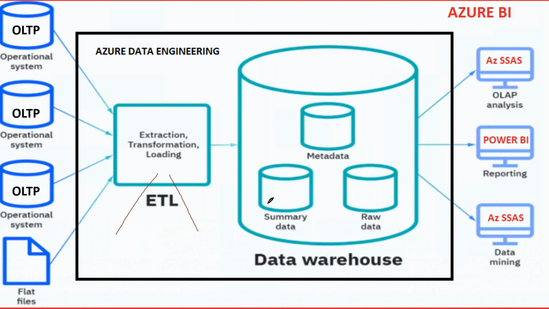Next, there are 2 types of data warehousing technologies: Microsoft warehouse and open source warehouse. We are going to learn all 4 items: open source and Microsoft ETL, open source and Microsoft warehouse.